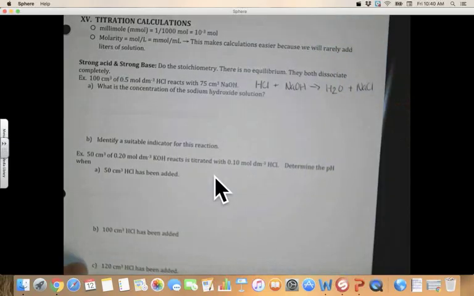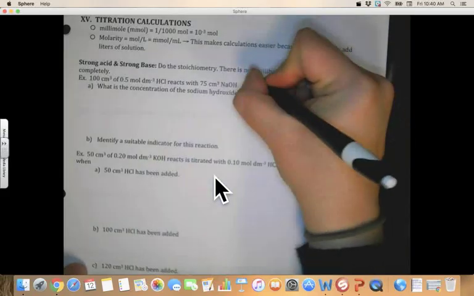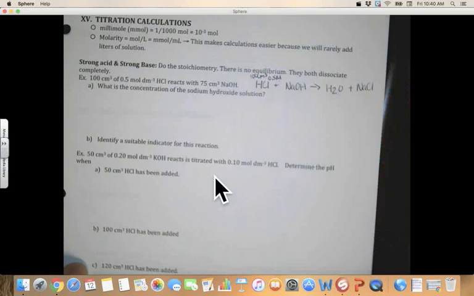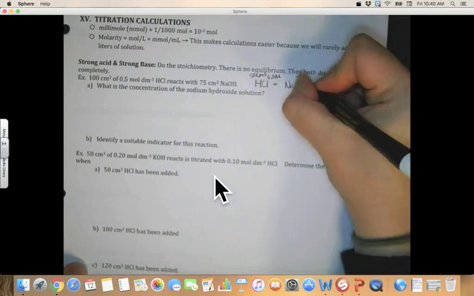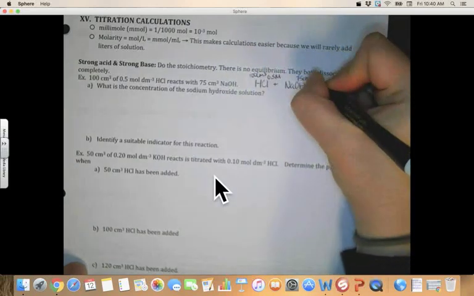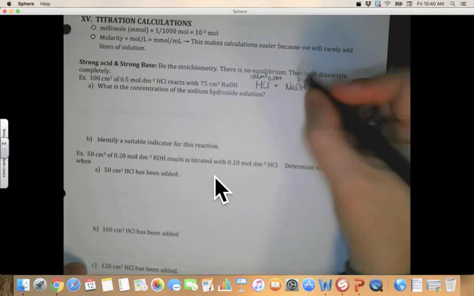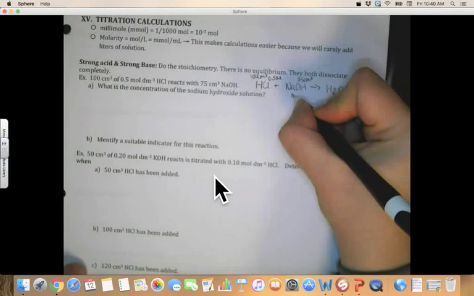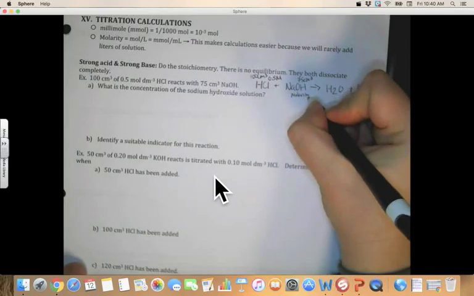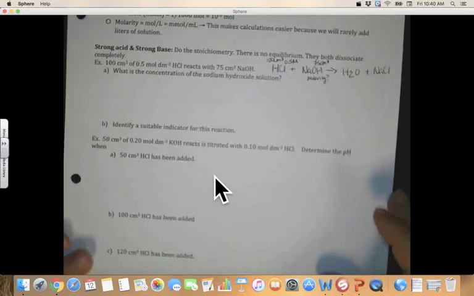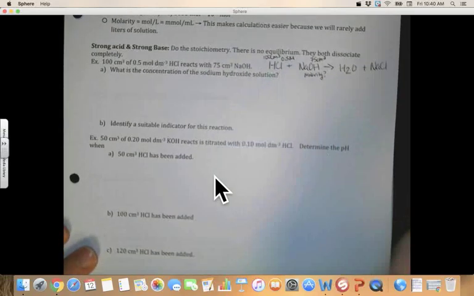Now, we know that we have 100 cubic centimeters of 0.5 molar hydrochloric acid and 75 cubic centimeters of the sodium hydroxide. The question is, what's the concentration? In other words, what's the molarity? Moles per cubic decimeter. So this is pretty much just stoichiometry. We're going to start with the one that we know all about, the hydrochloric acid.